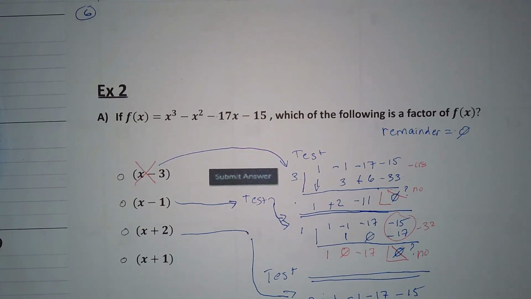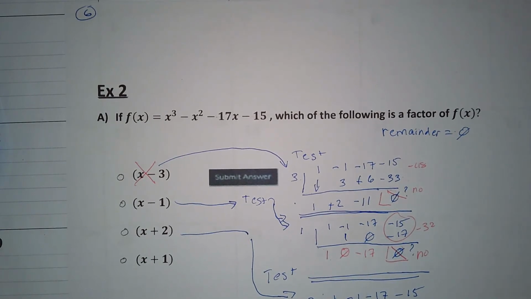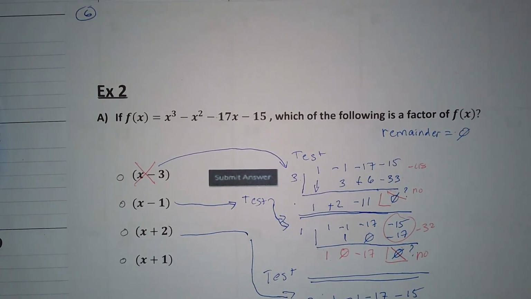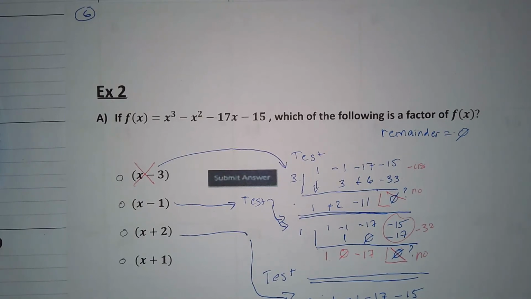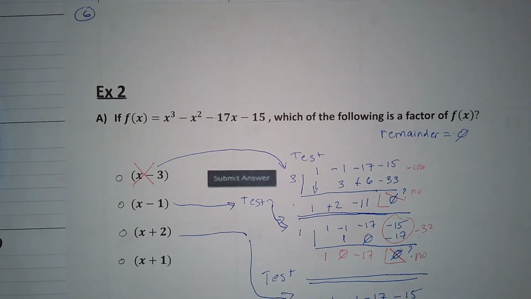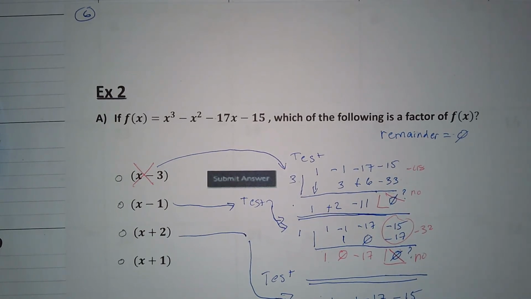So bring it down. This is 1. Negative 2 times 1 is negative 2. And negative 2 and 1 is negative 3. Negative 3 times negative 2 is positive 6. 6 and negative 17 is negative 11.